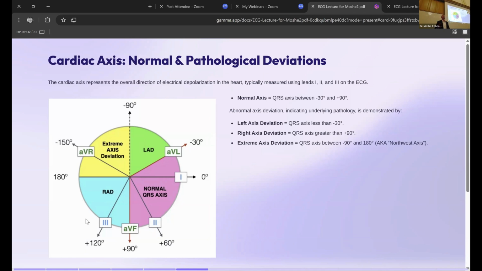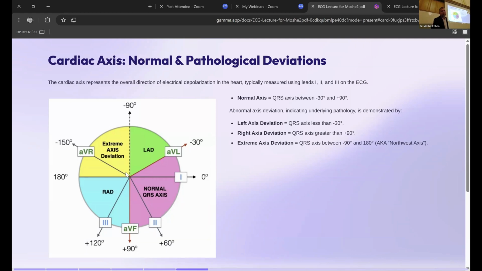Remember, write it to yourself. It's very easy. When you look at an ECG, when you have a positive wave on the first lead, positive AVF, for sure it's a normal axis. Positive first, negative AVF, it's a left axis deviation. You see?